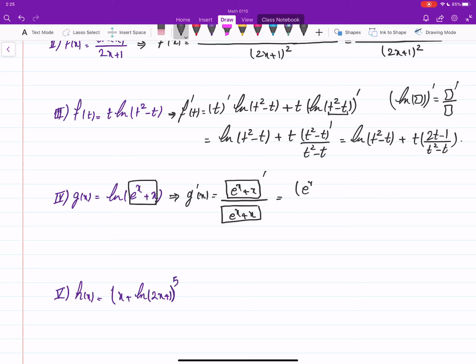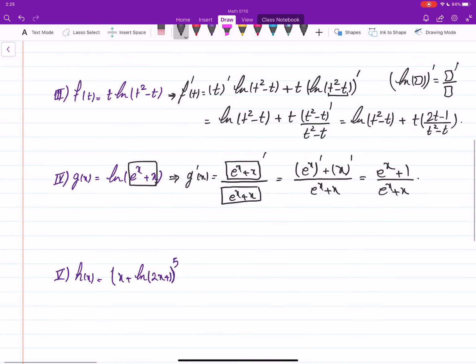Now, derivative of e to the x plus x is derivative of e to the x plus derivative of x, and we have in the denominator this e to the power x plus x. Derivative of the natural exponential function with respect to x is itself, plus 1, over e to the power x plus x. That's what we get here.